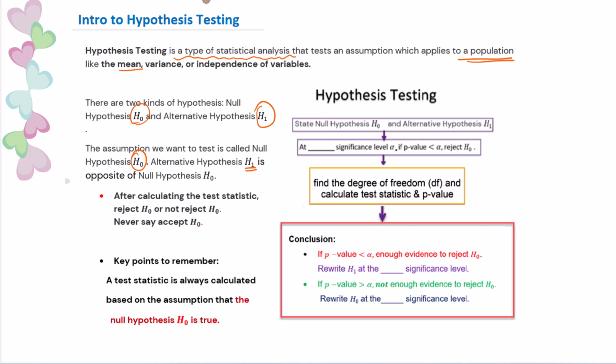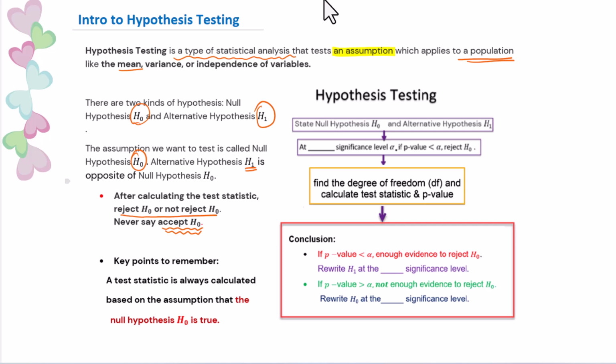After calculating the test statistic, we reject H0 or do not reject H0. We never say accept H0, because H0 is an assumption. It's not the fact.